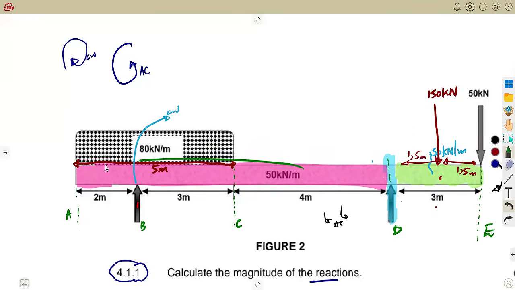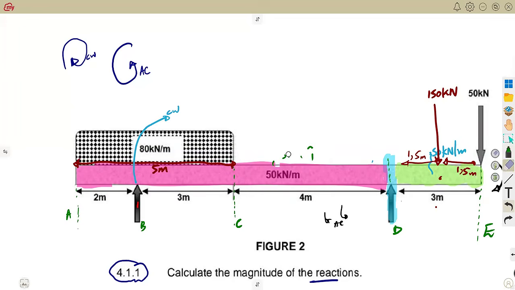The 50 kilonewton per meter, this one, how many meters does it affect on the left side? That is 4 plus 3, which is 7, plus this one, which is 9. So that'll be 50 times 9, which is 450.